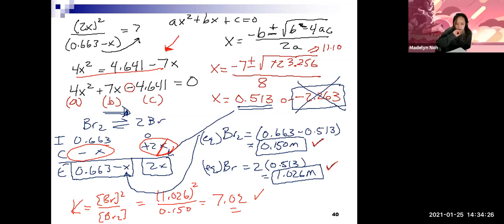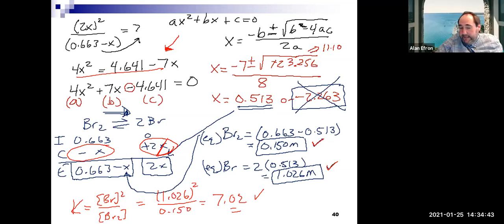Quick question. For the initial value, if the balanced equation has more than one item, would the values be multiplied for the initial value, or would they just be added? Are you asking if this had a 3 in front of it?